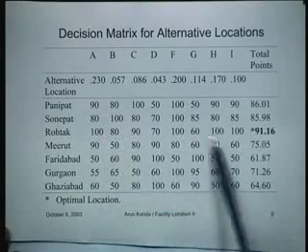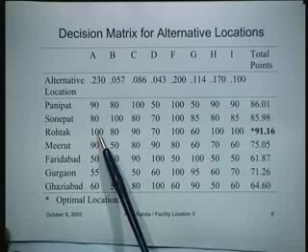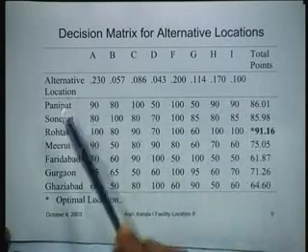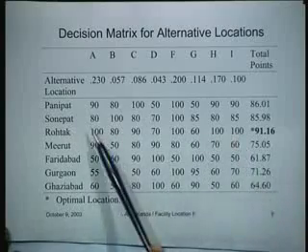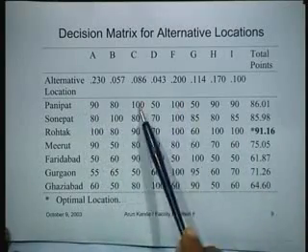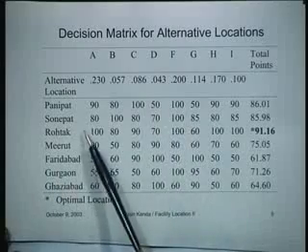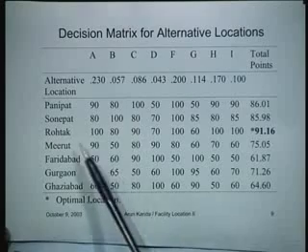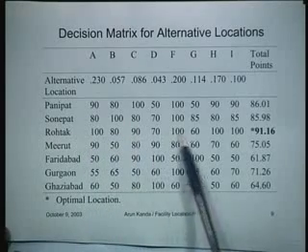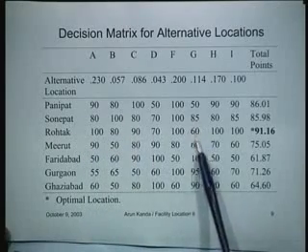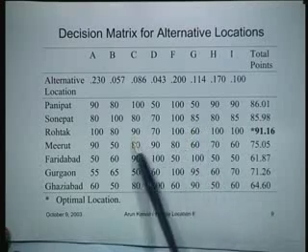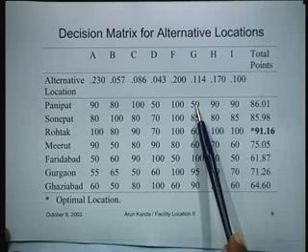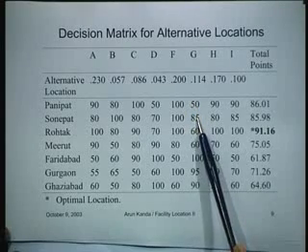What this means is that Rohtak was best on 4 out of these various objectives, whereas Panipat was best on only 2 of these objectives. Sonipat was best on only these 2 objectives. And then let's see where Rohtak was the worst on this particular factor, that is 60 marks, but this was even worse on this factor, and this was slightly better, but then it was best.